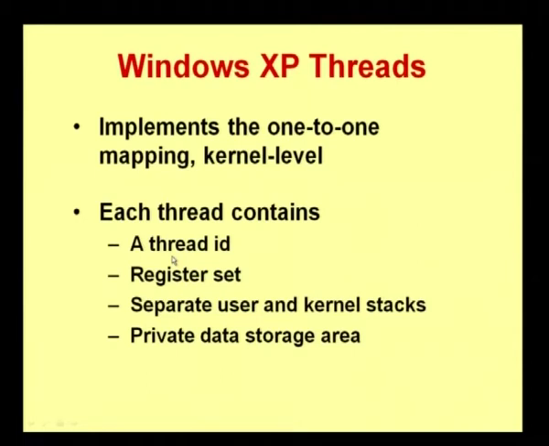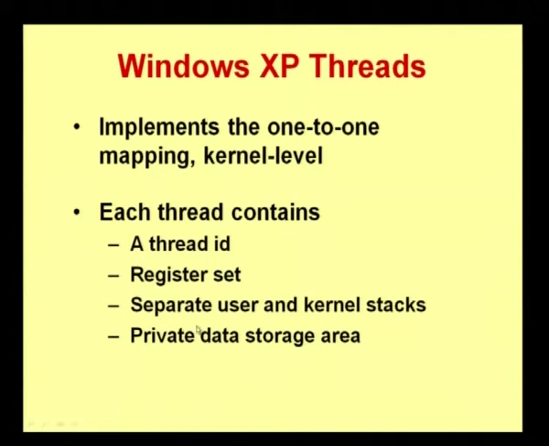So as a thread, what can it contain? Even if the process has a process ID, definitely a thread will also have a thread ID. So what else does it have? It has a thread ID, a register set, separate user and kernel stacks, and a private data storage area.